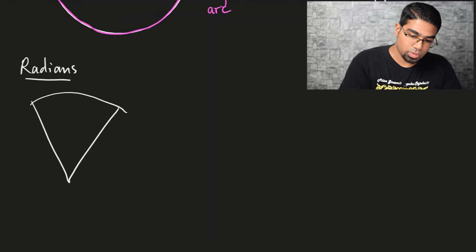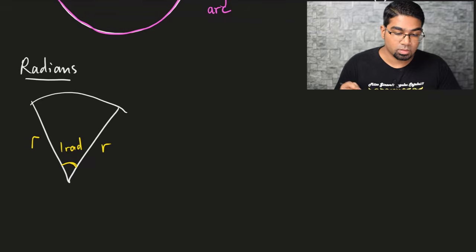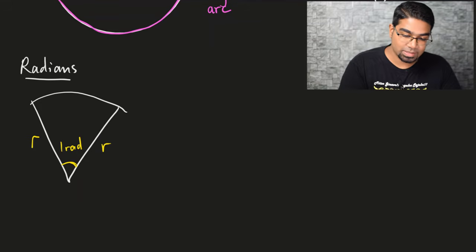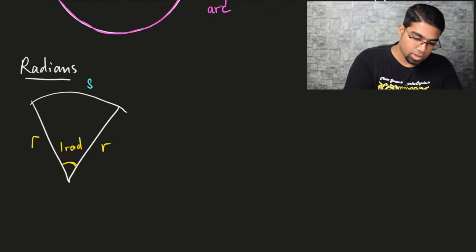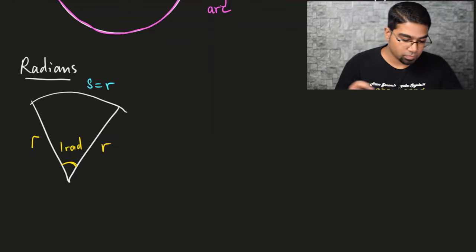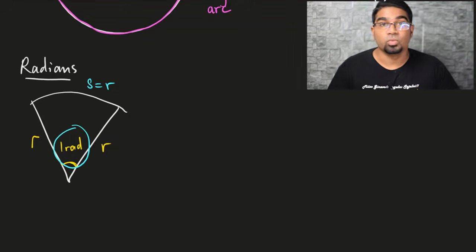So say this was 1 radian and the value of the radius is r. So we have the arc here. The arc is normally marked as S. So we have S. At the point where S is equal to r, this is where the angle subtended at the center is known as 1 radian.